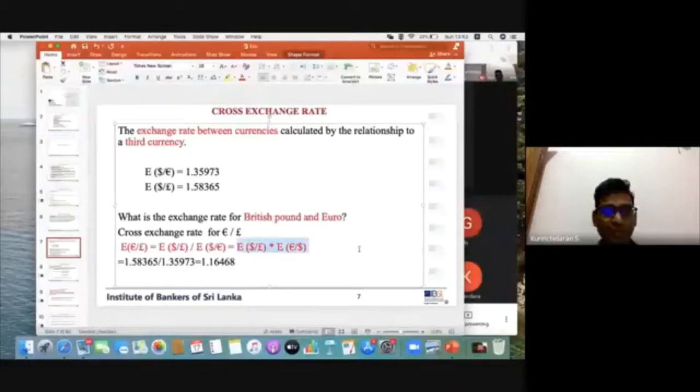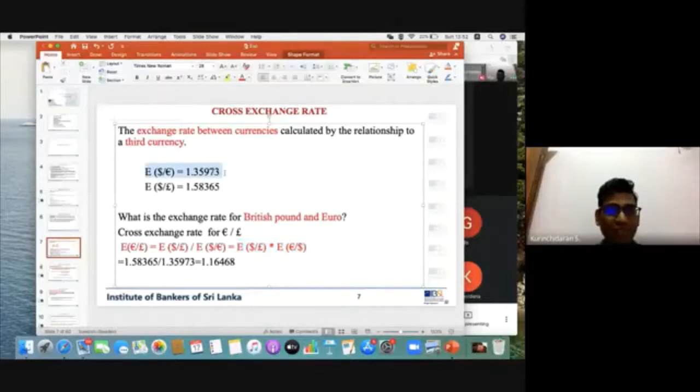Okay. So even you just try and see. Now I have given the very first exchange rate, that is euro to dollar exchange rate, 1.35973. That is euro dollar exchange rate. What is the value for dollar euro? That means $1, how much is $1 worth in euro? So can you try this one?